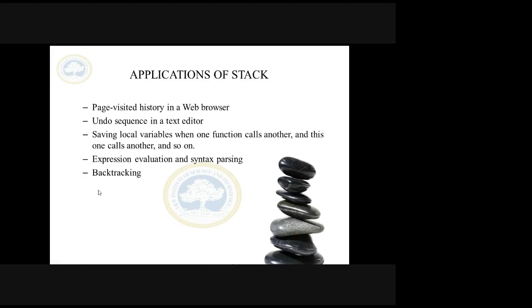And backtracking also. Backtracking, I think you will study in the fourth semester in your algorithm design and analysis. This is nothing but traveling through one particular way, and when you see that you cannot proceed that way, you go back. You are traveling from one street to the second street, third to the fourth street, and to the fifth street you have come. To reach from 5 to 6, there is no way.